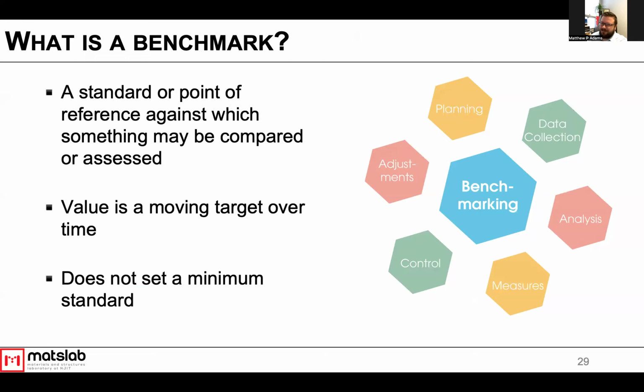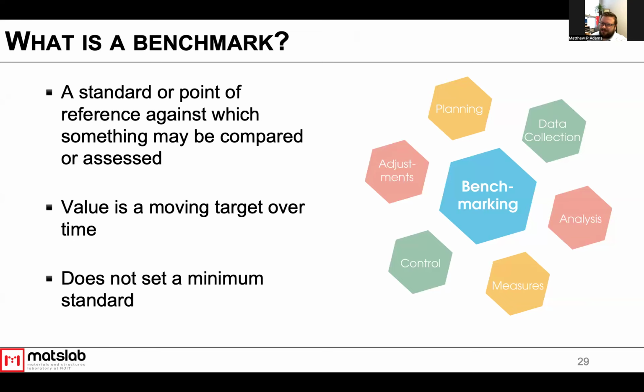As we start to use more and more low carbon concrete materials, we're going to see that GWP decrease. If our goal is to eventually get down to net zero GWP, we're going to want to make sure that our benchmark is updated and that our reduction requirements stay updated along with that. It's important to note that a benchmark is not a minimum standard. A benchmark is sort of the average that we're comparing against.